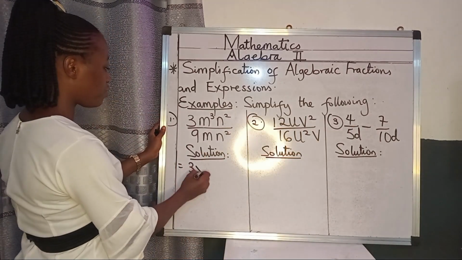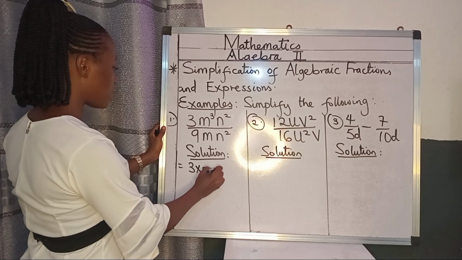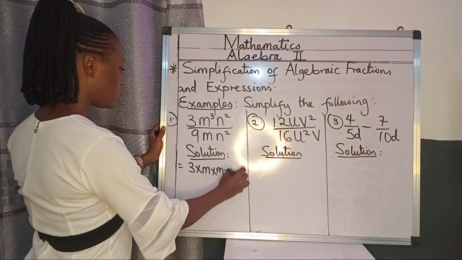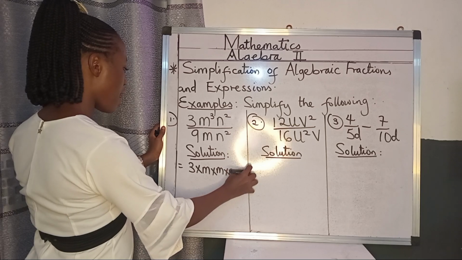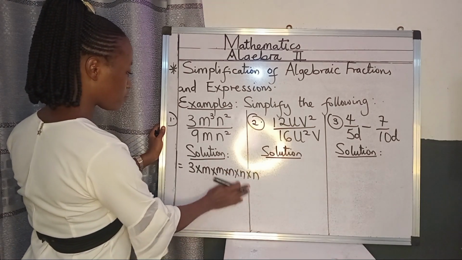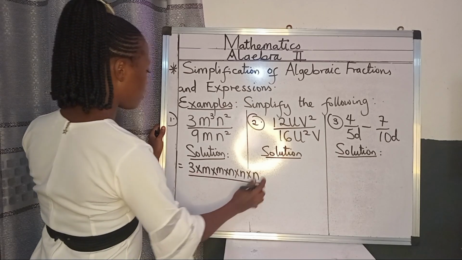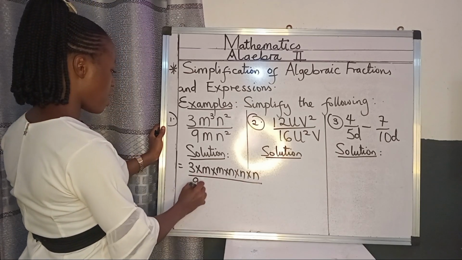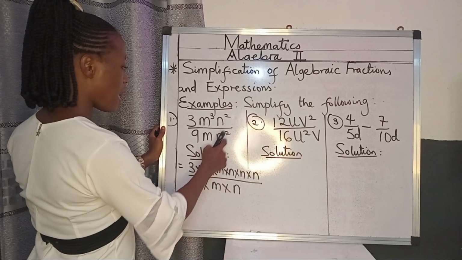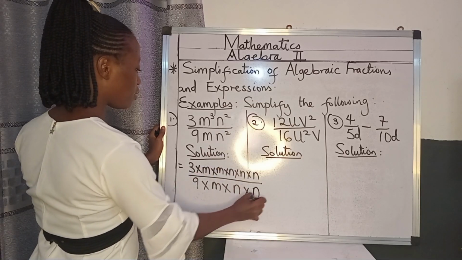I'm going to have 3 times m times m times m times n times n, alright? Divided by 9 times m times n squared, which is n times n.